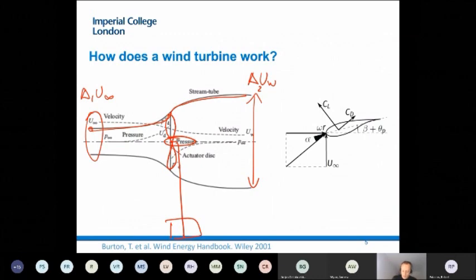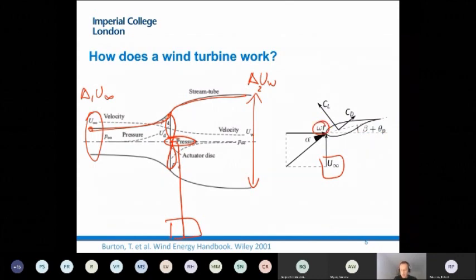Then what you will have is that locally, the sections of the wind turbine, and this is what I'm putting on the plot here, will see a flow that has two fundamental components. One is the incoming flow velocity, U infinity, which I put on the left, and is here on the right as well. But the second one is the fact that the rotor spins, and it spins relatively fast. That's what I refer to here as omega r.